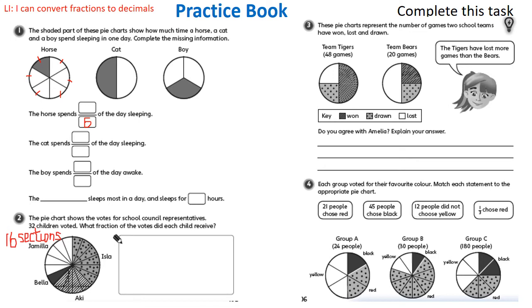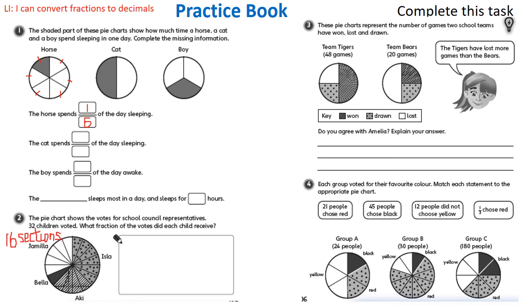Well, in this case, only 1. So that means that 1 becomes the numerator. So therefore we can say the horse spends 1/6 of the day sleeping. You can do the same for the cat and for the boy. And then complete the sentence.